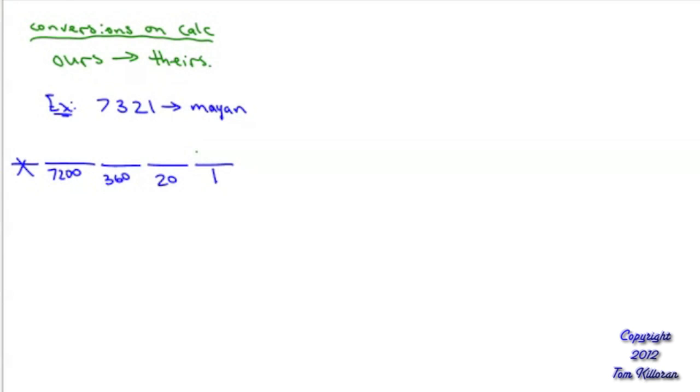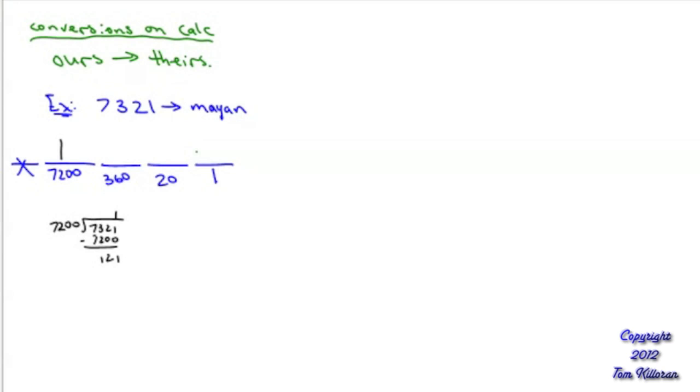Since I went too big, I back off and say 7,200 goes into 7,321 one time with a remainder of 121. So where does the 1 go? Above 7,200.